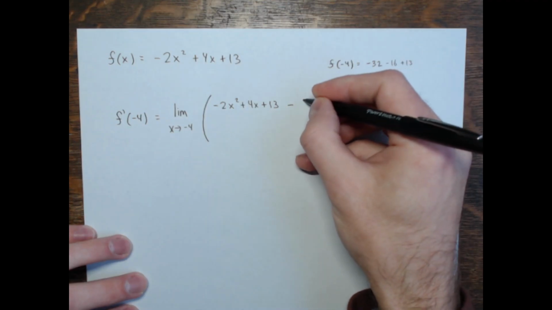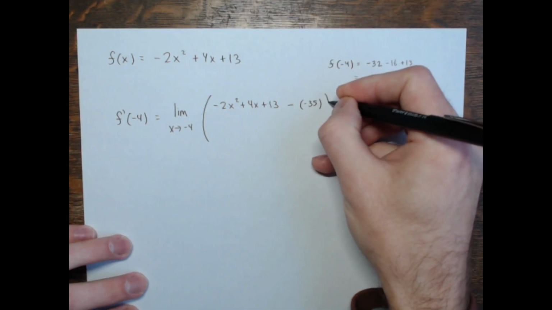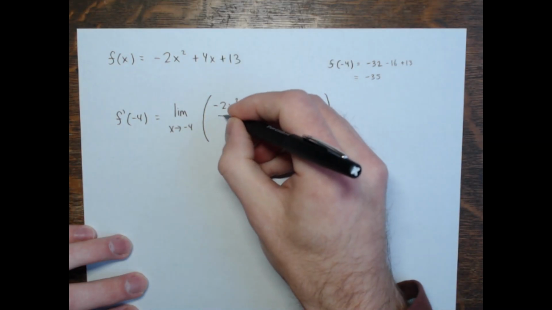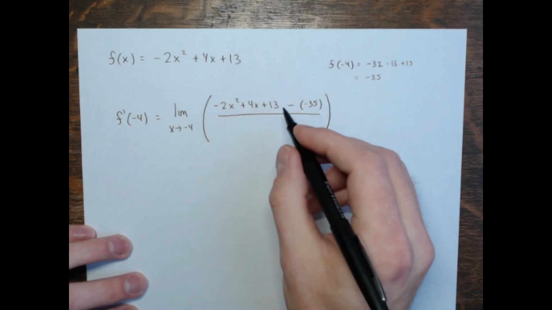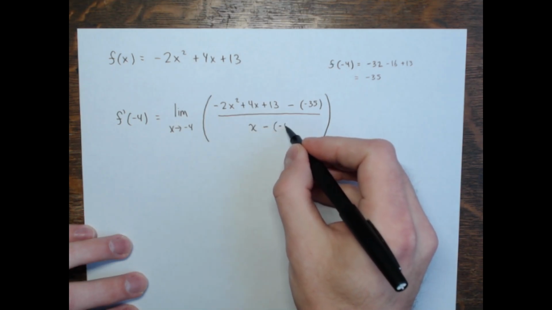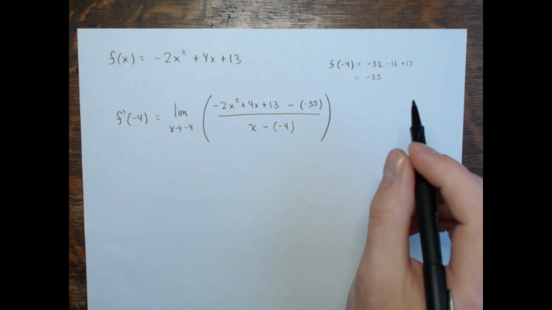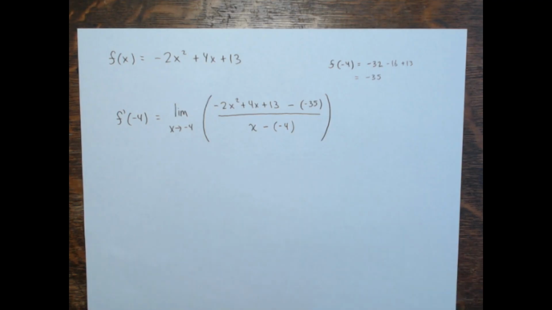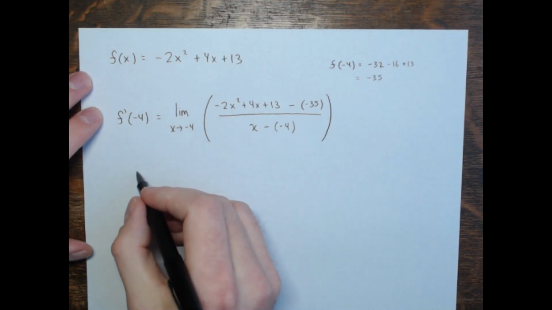All right. So minus, negative 35, the value of f at negative 4. And all that, that's the change in the outputs, the rise, and then the run would be x minus negative 4, right? The change in the x coordinates, or x plus 4. Okay, so another 0 divided by 0. So I gotta manipulate this a bit.